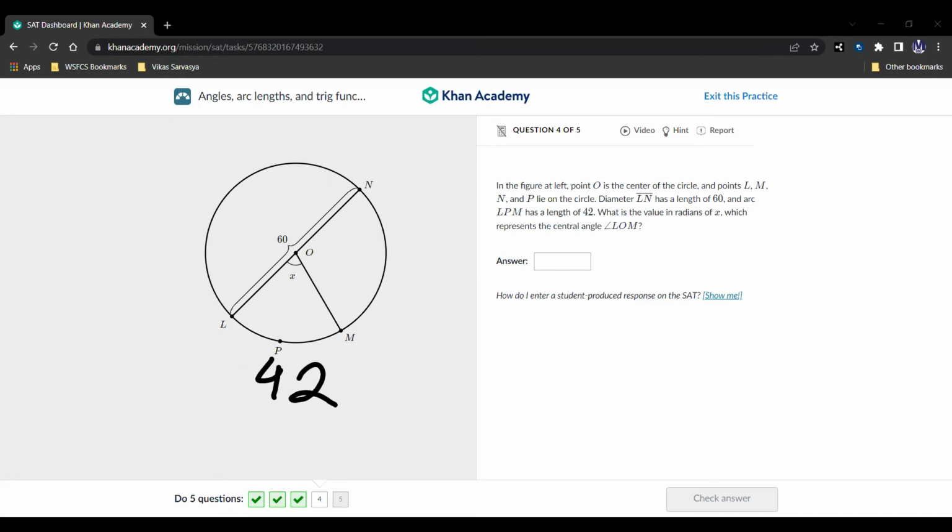Well, since 60 is the diameter, then the circumference is 60 pi, which is 188.5.